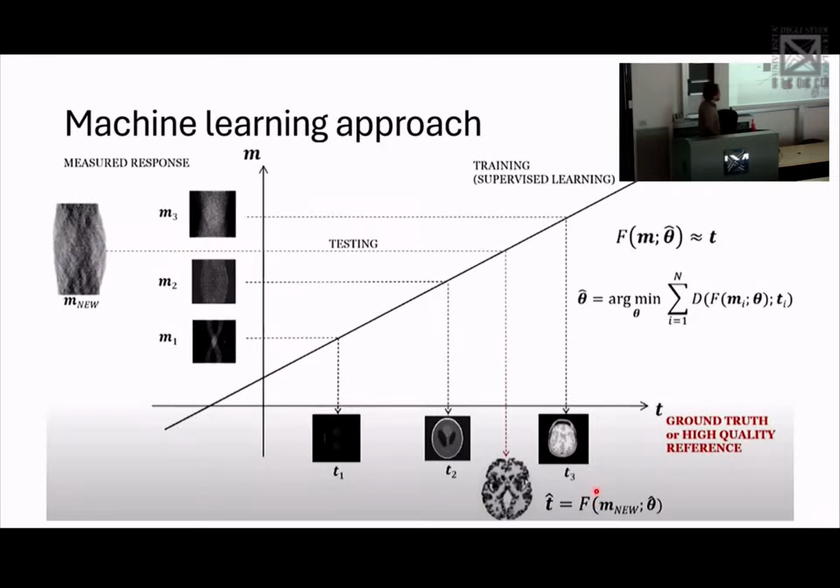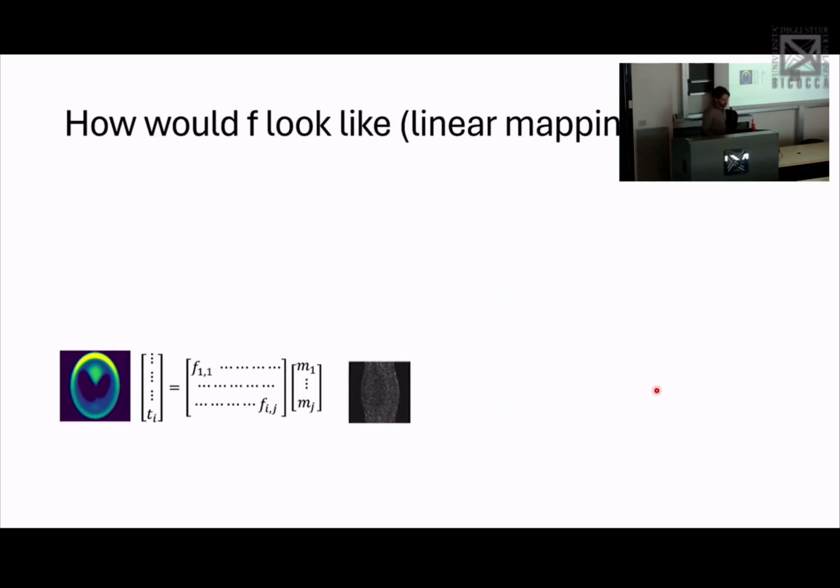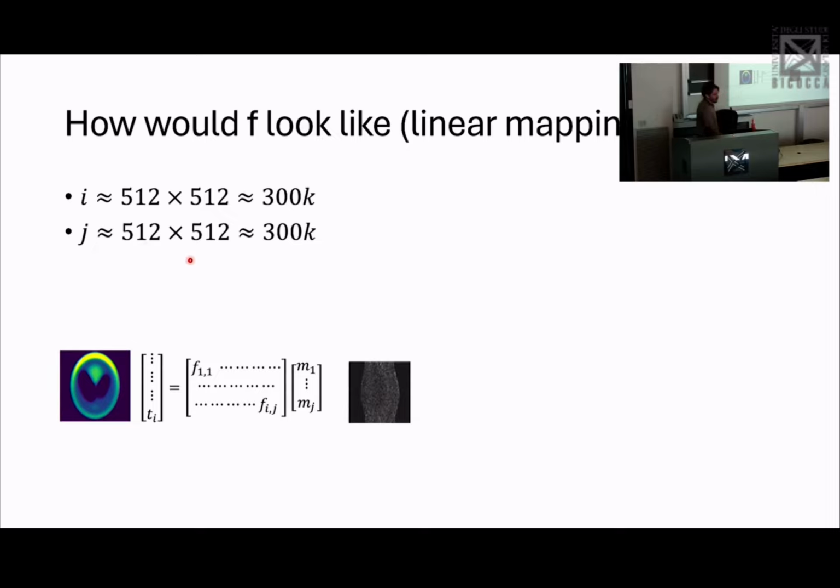The thing is, you need to ask yourself, how many parameters do I need to do that? Let's say we have a linear mapping. How many parameters do I need? Let's say that my measure space is 512 times 512, and my image space is 512 times 512.